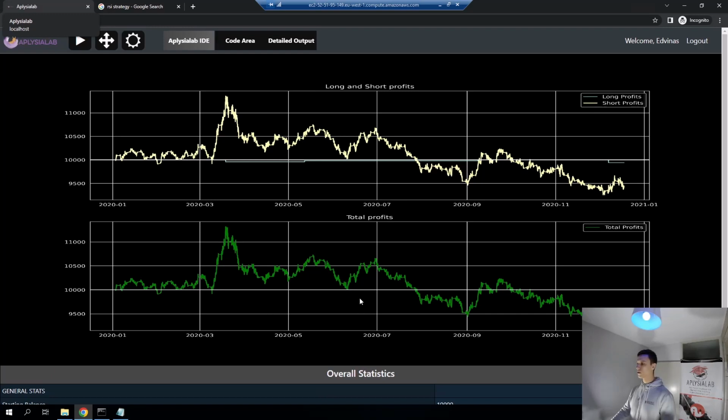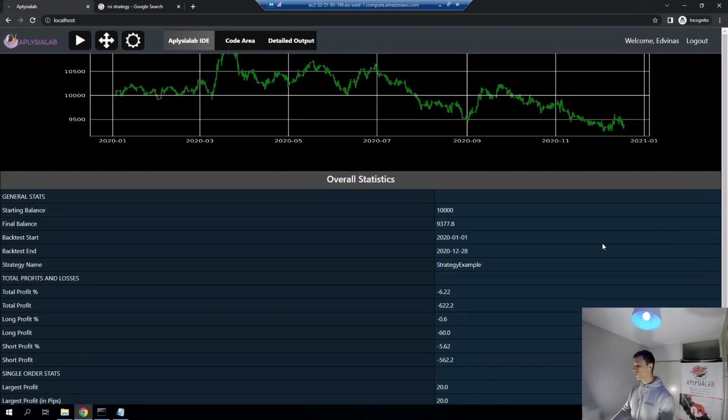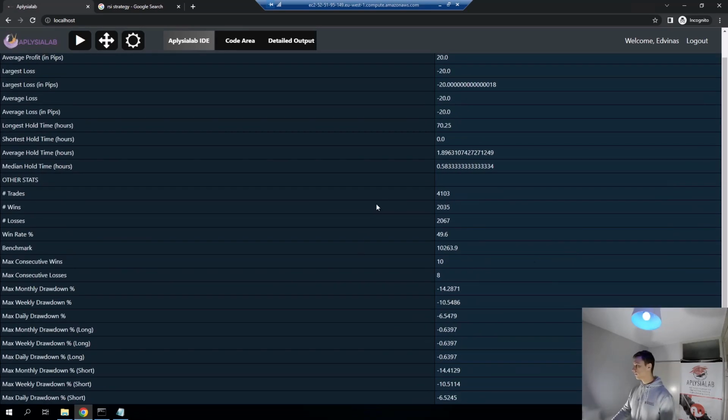Alright, it looks here like there was almost no longs taken, so the market was almost never oversold to that extent in 2020. Let's take a look at the stats. 4,000 trades, 2,000 wins, 2,000 losses.